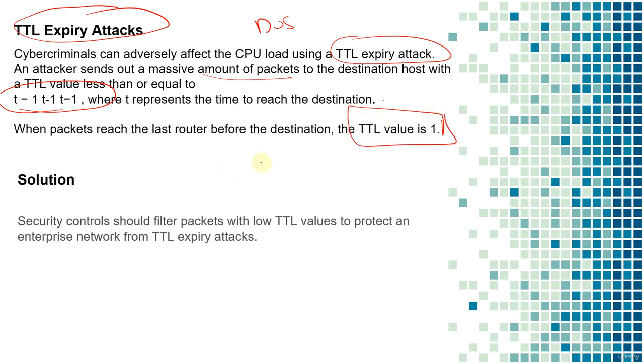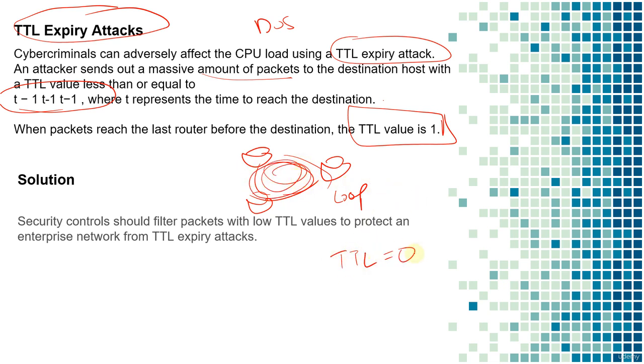So basically what happens? Let's suppose we have multiple routers in between, and my packet is going to loop around. Usually when TTL becomes 0, my router is going to drop that packet. But what will the hacker do? He will use mathematical values to inject into these TTLs, so whenever it is going to be 0, it is converted into 1.